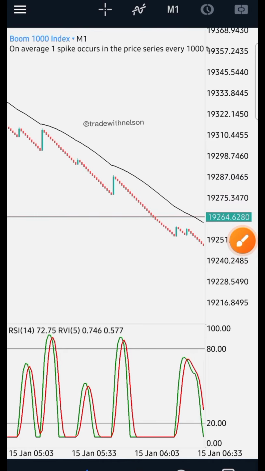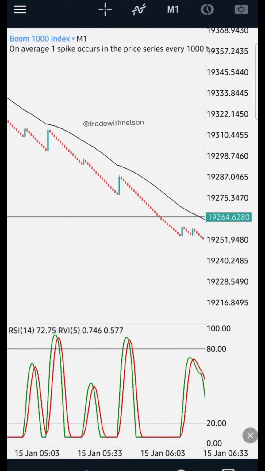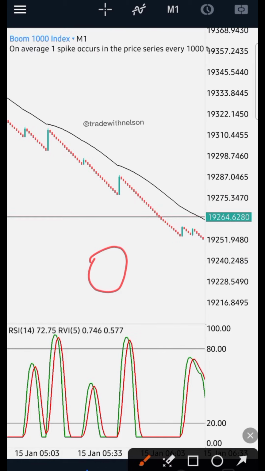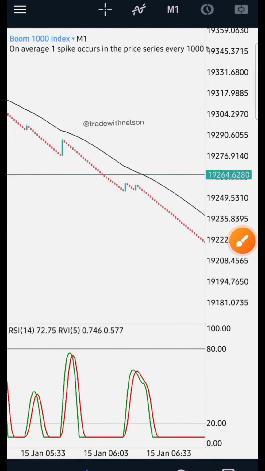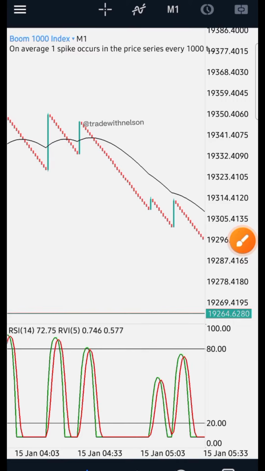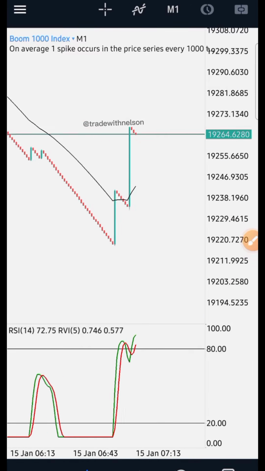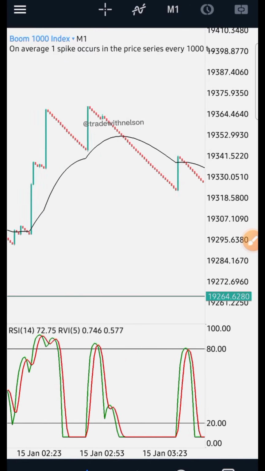This vigor index shows us when the market has been bought at a very high price and the market will drop some. It also shows us when the market is sold at a very high price and when it will buy some.